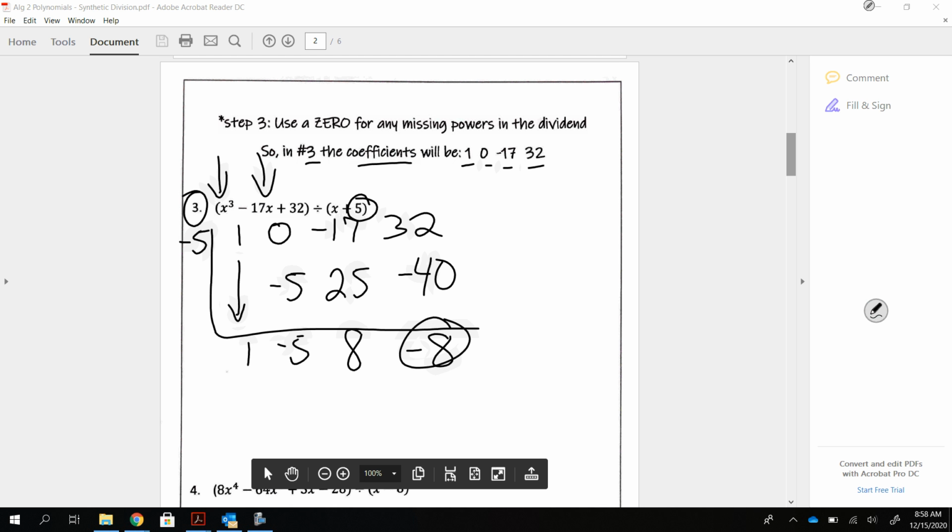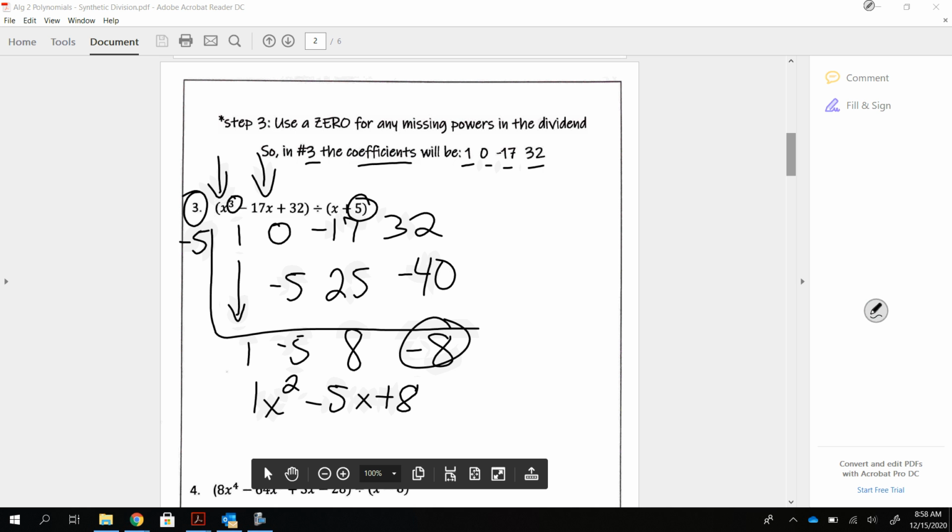Now we write it in coefficient form, going down 1 from the exponent. So we see the highest exponent is to the third. So we start with 1x squared minus 5x plus 8.